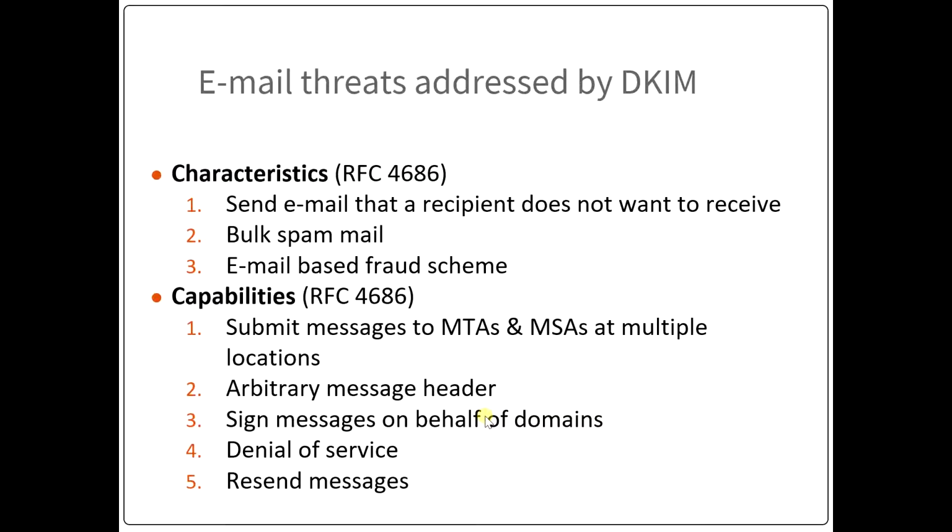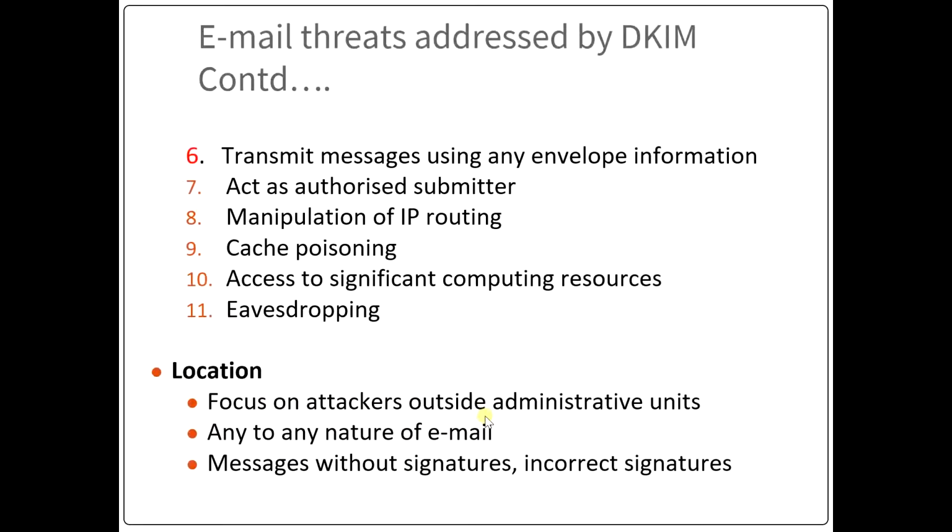The fourth one is to generate substantial numbers of either unsigned or apparently signed messages that might be used to attempt a denial of service attack. The fifth one is resending messages that may have been previously signed by the domain. In addition to this, we have other capabilities.